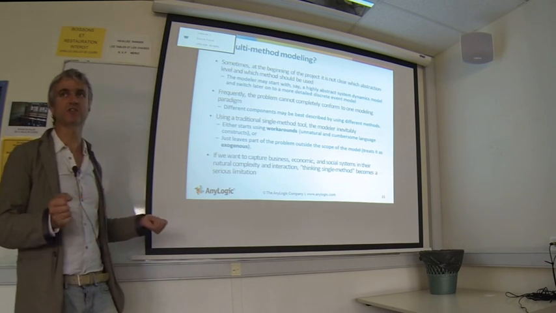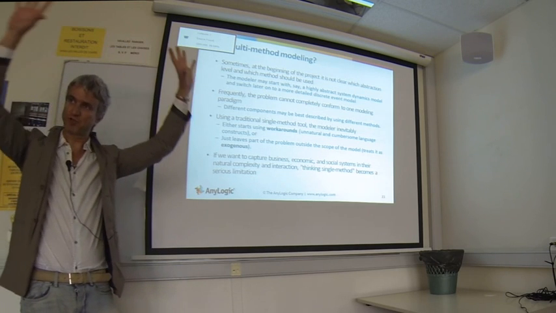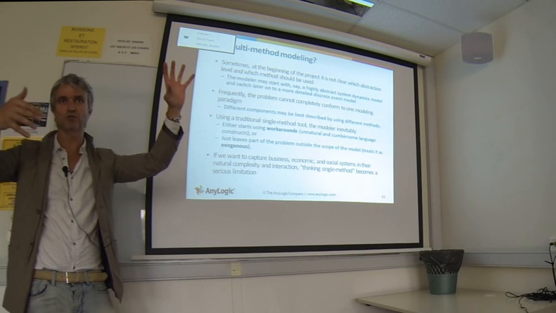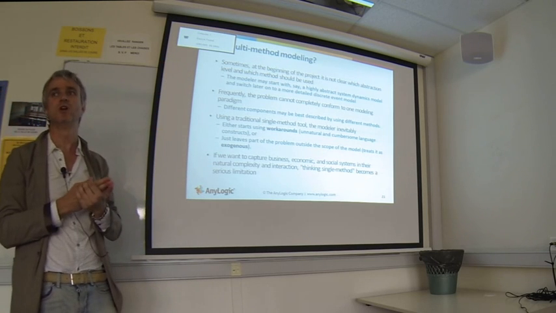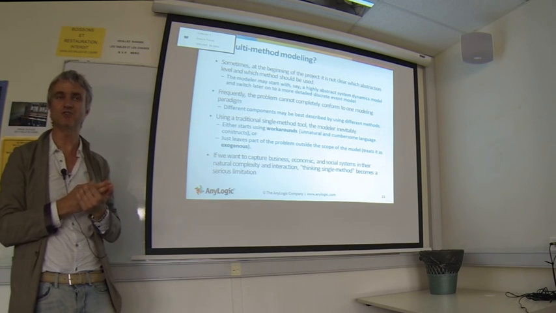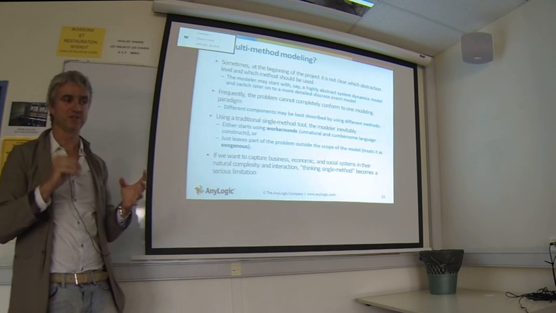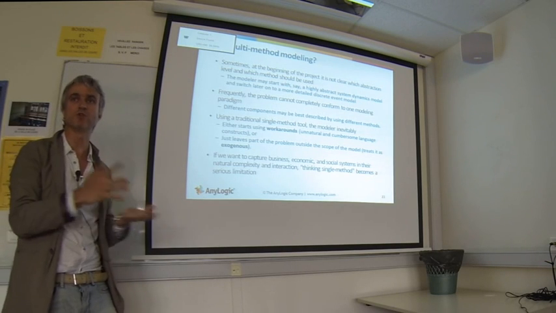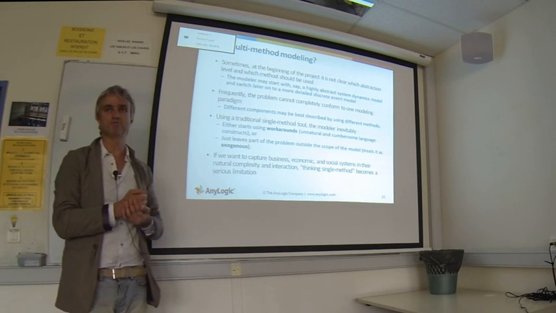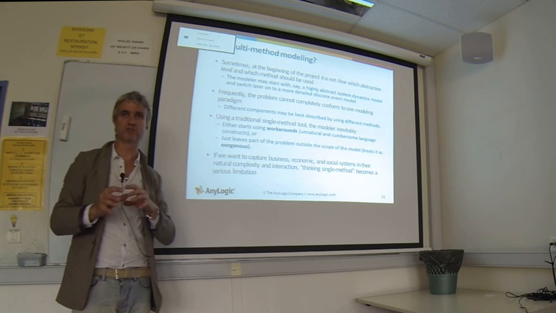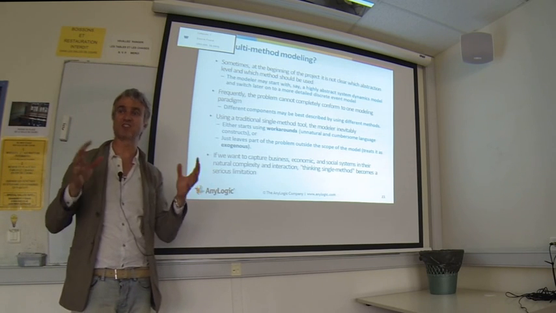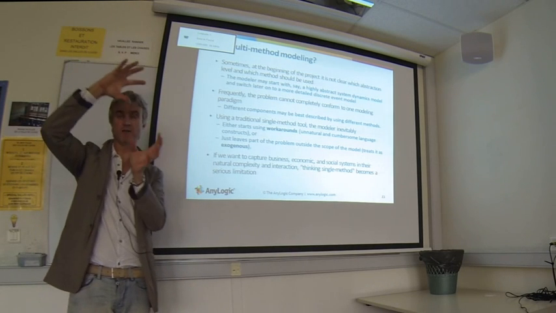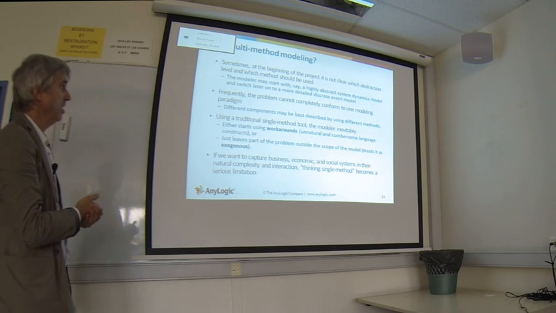Let's say you start building a very abstract model using SD methodology, and then as the project goes on, you see, okay, this is not enough level of detail. I need to be more detailed. At least in parts of my model, I need to model individual objects, processes maybe, and then you shift down. You build maybe a discrete event model instead of your first system dynamics sketch, or maybe you combine them together.